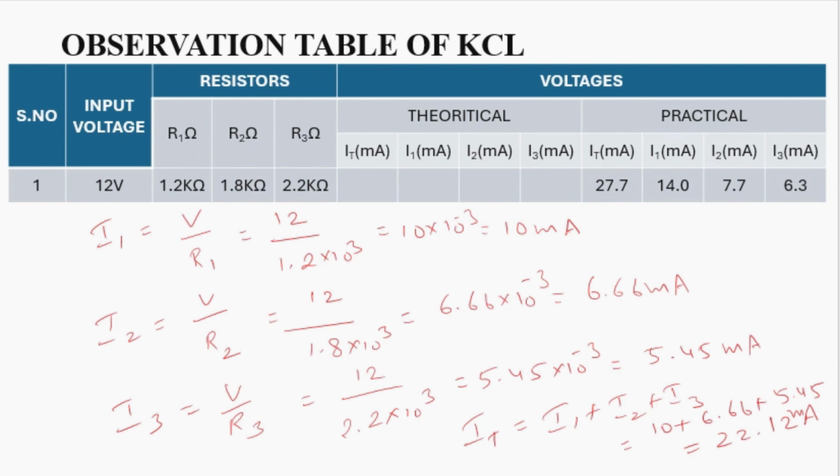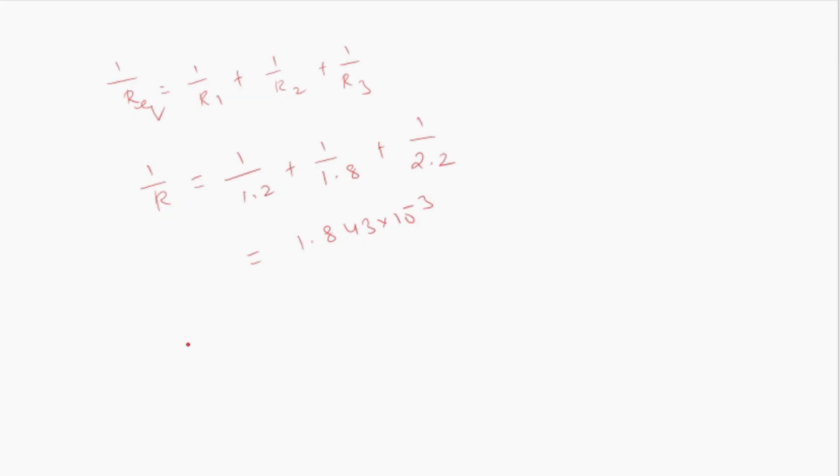To find total current, we can also use R equivalent. 1 by R equivalent equals 1 by R1 plus 1 by R2 plus 1 by R3. 1 by R is equal to 1 by 1.2 plus 1 by 1.8 plus 1 by 2.2, which is 1.843 into 10 power minus 3, because this is in kilo ohms.